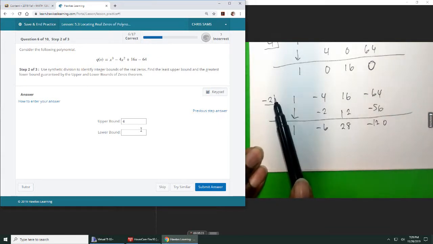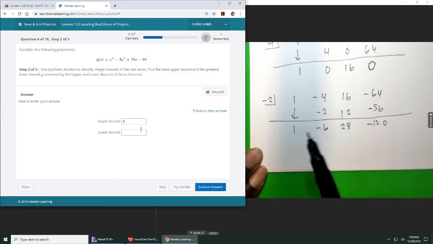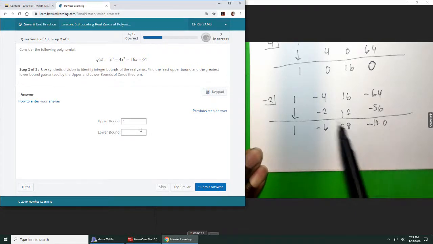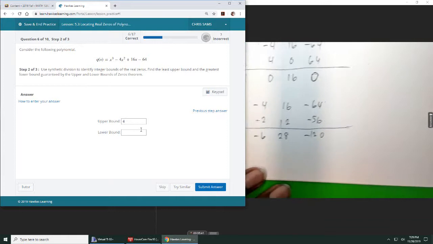So the only thing we have to consider is, is negative 2 our lower bound, or is there something smaller, like maybe negative 1? Right now, they oscillate: positive, negative, positive, negative. That's what the rule says. It has to alternate. So negative 2 could possibly be it. Okay, let's check negative 1 just to be sure.